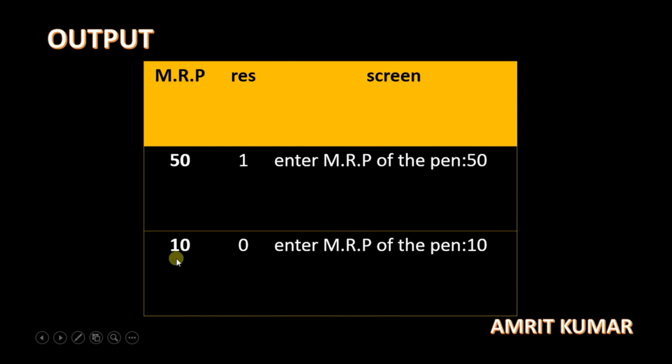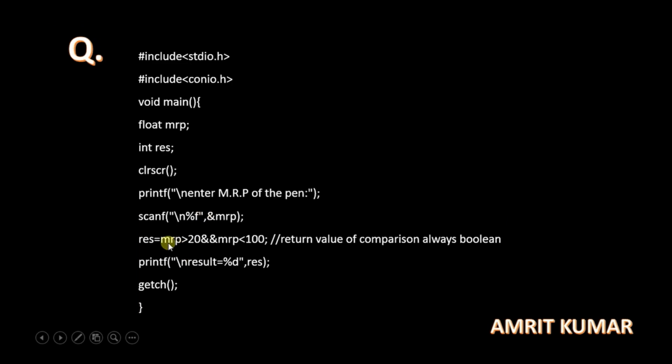And suppose the user has given us 10. So let's check it. The user has given us 10, so that is assigned to the variable, that is 10 here. Is 10 greater than 20? It is false. Therefore, 0. And we need not check the other condition, because the logical AND operator says that if both conditions are true, then true.